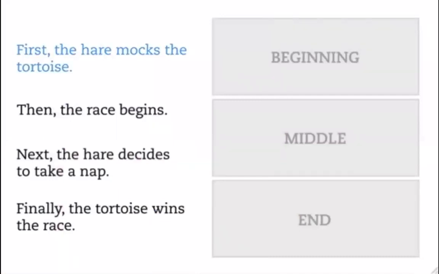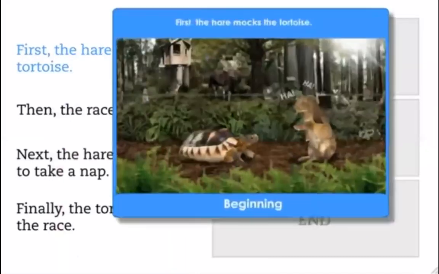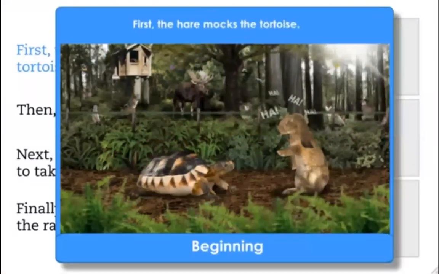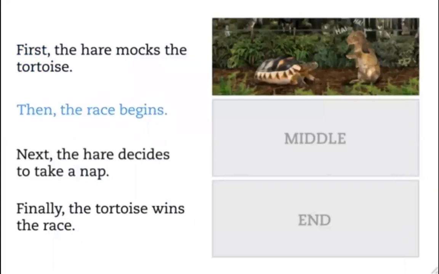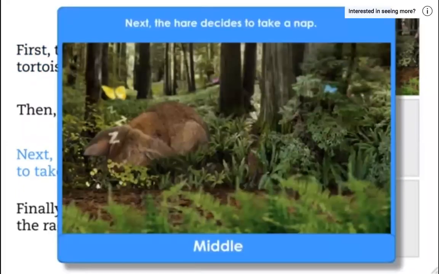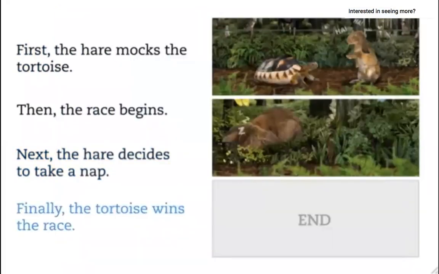First, the hare mocks the tortoise. There's no need for that kind of smack talk, Bunny. The race begins. Next, the hare decides to take a nap. Oh no, it's not time for a nap, Rabbit. Finally, the tortoise wins the race.